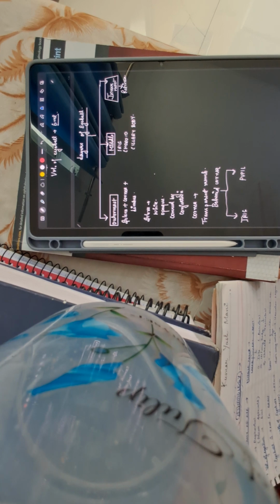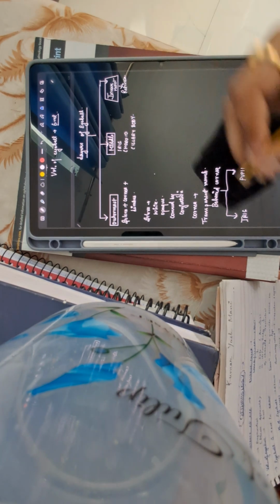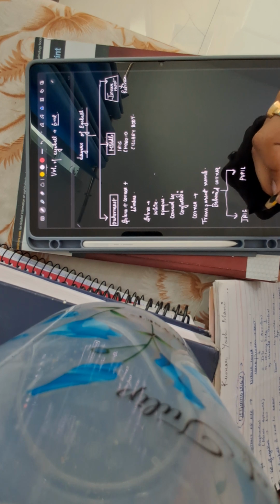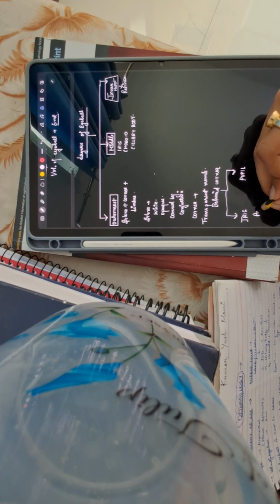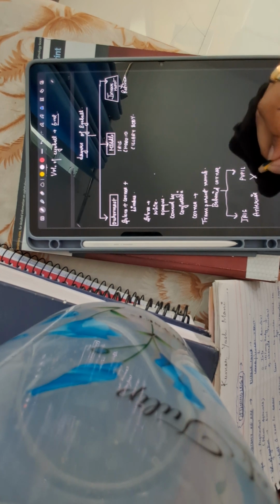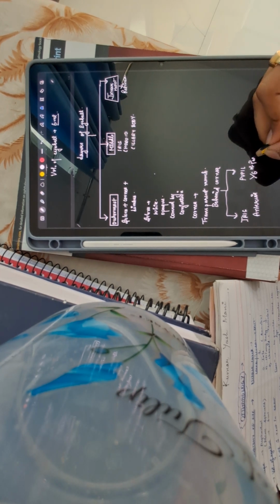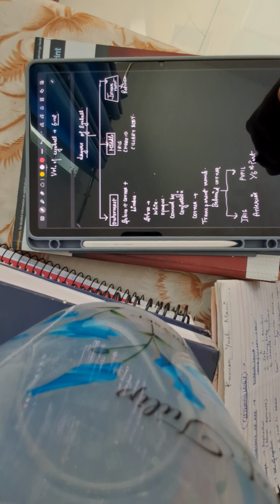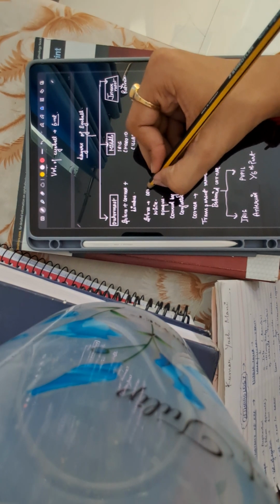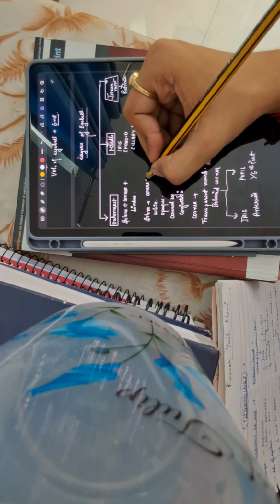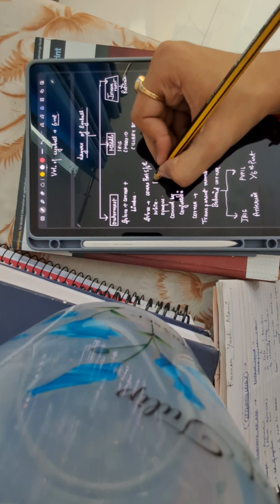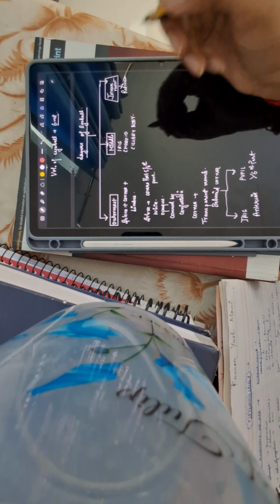But let's actually get into details slightly more. The cornea covers the anterior 1/6 part, while the sclera covers the posterior 5/6 part.